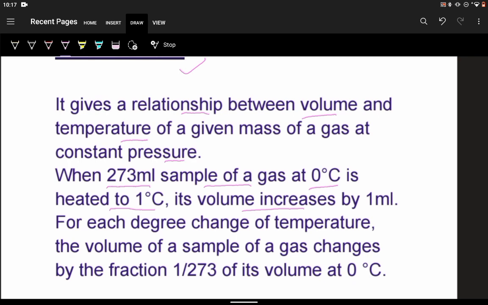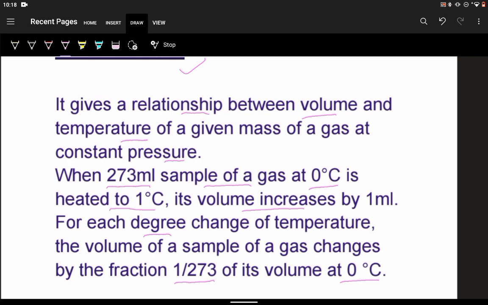Now, for each degree change of temperature, the volume of a sample of a gas will change by a fraction. What is the fraction? The fraction is 1 by 273 of its volume at 0 degree C. Means at 0 degree C, whatever its volume was, the 273rd part of that will be the change.